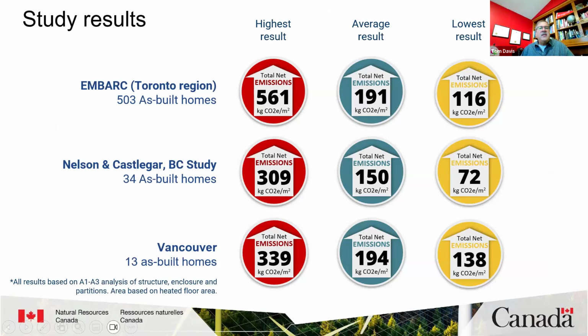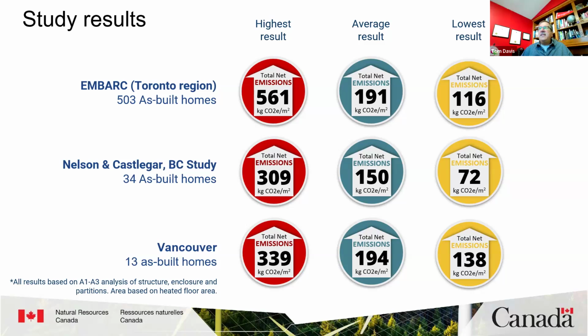Chris Magwood and Builders for Climate Action used MCE squared and its sister tool BEAM to estimate the MCE and carbon intensity of 550 as-built new homes across Canada in 3 different studies. They found a wide range of results across these studies, but the results point to some general conclusions.